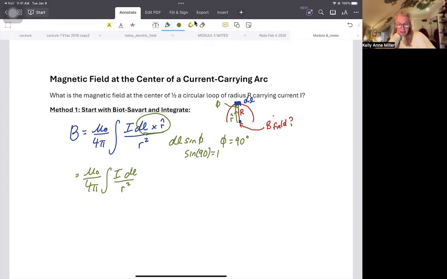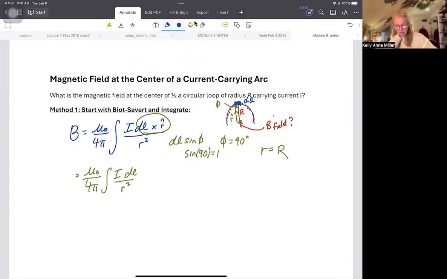Okay, and I can make another simplification. R in this context, the distance between the point that I'm interested in and the wire, is always going to be the radius of the circle, right? As I integrate around this semicircle, the R doesn't change. The distance between the point and the arc doesn't change.